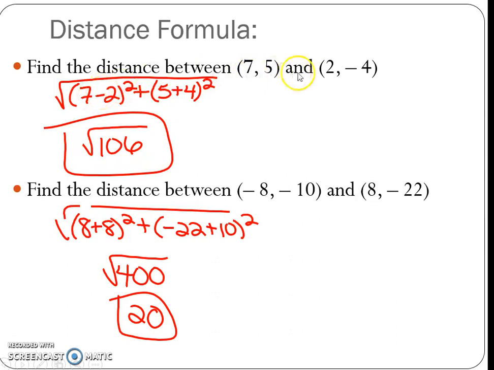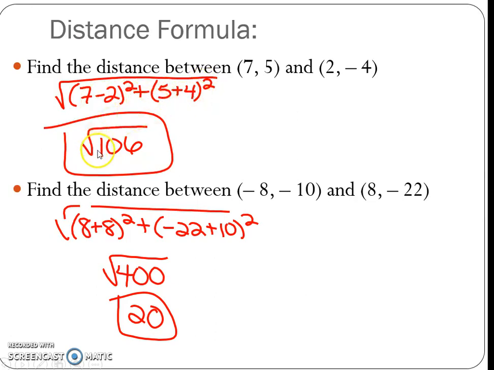x2 is 7. x1 is 2. So do 7 minus 2, which is 5. And then do 5 squared. And then you're going to do 5 minus negative 4, which is 9. And then 9 squared is 81.